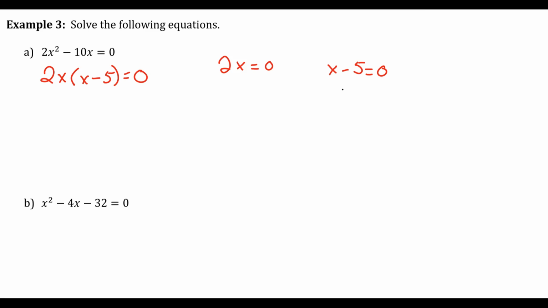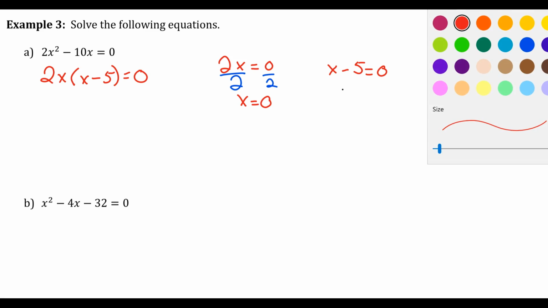So looking at this one, this is 2 times x, and the opposite of multiplication is division. So this gives me that x is equal to 0. If I plug in 0 for these x's and solve the left-hand side of the equation, I should get a 0 back.